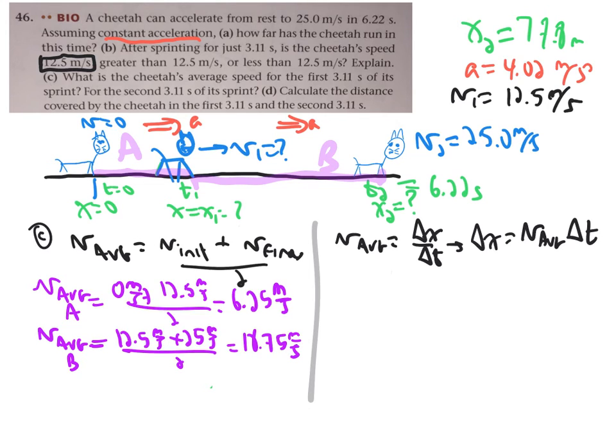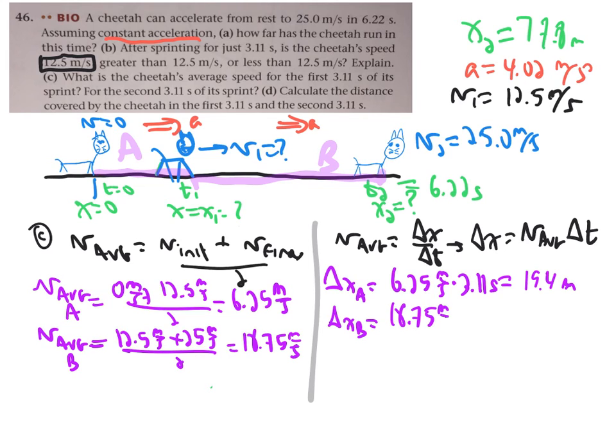So over here delta xA is 6.25 meters per second times 3.11 seconds, which is 19.4 meters. And over trip B, we have 18.75 meters per second times the same 3.11 seconds, which is 18.75 times 3.11, or 58.3 meters.